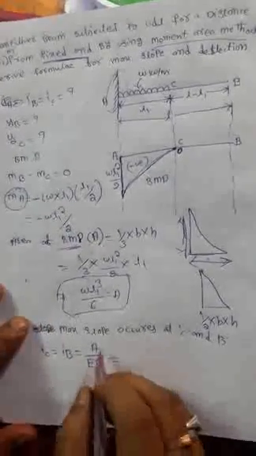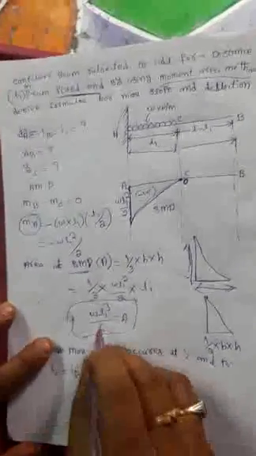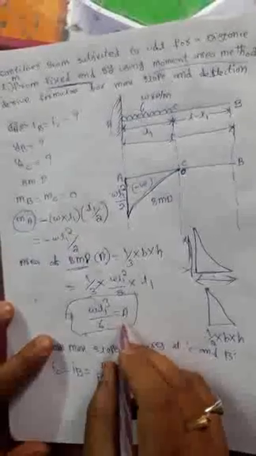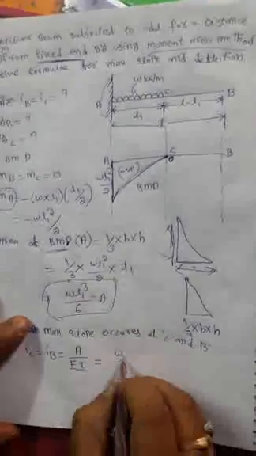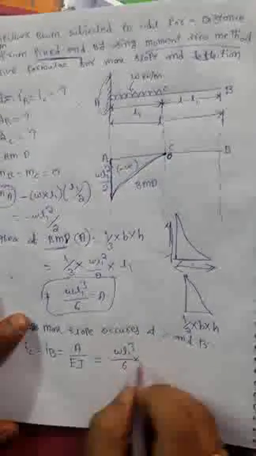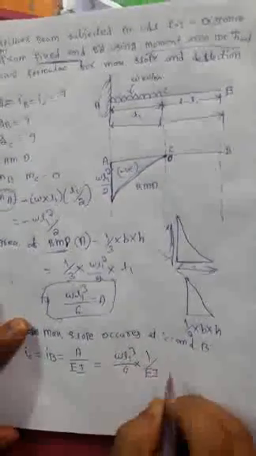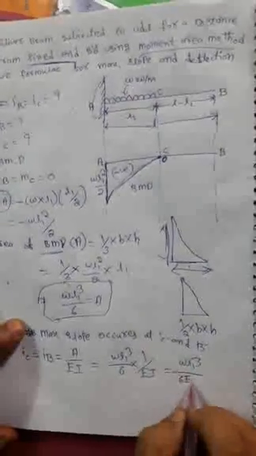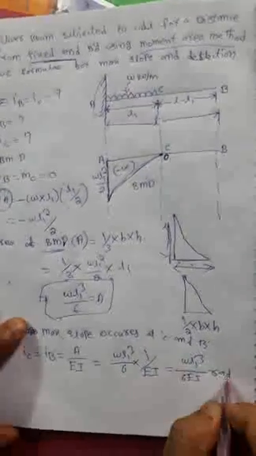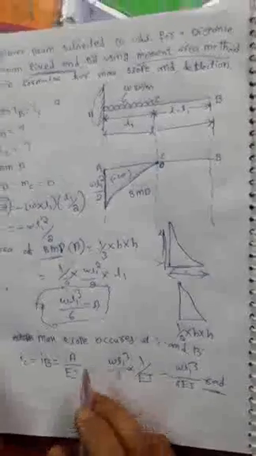A is the area of the bending moment diagram, WL1 cubed by 6, into 1 by EI. Simplifying the equation, we get WL1 cubed by 6 EI radians. Radians is the unit for slope.